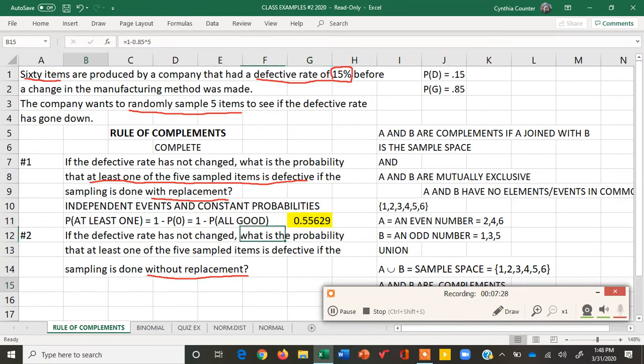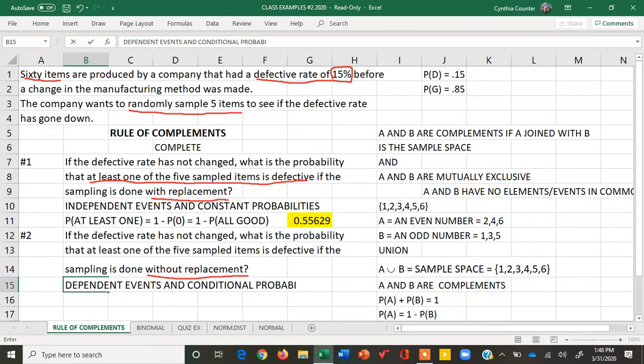Now let's look at sampling without replacement. When we sample without replacement, we have dependent events and conditional probabilities. This means that the probabilities change each time we make a new selection because we are leaving out the previously selected items. We are still computing the probability of at least 1, which is 1 minus the probability of 0.